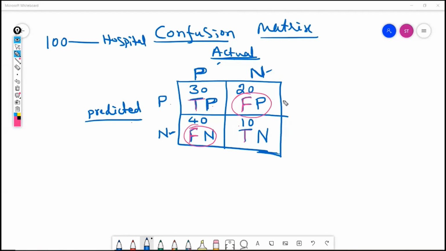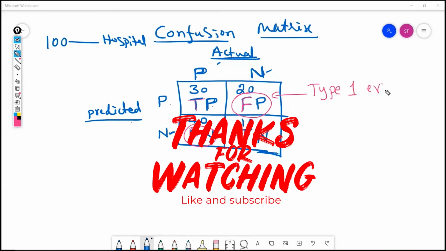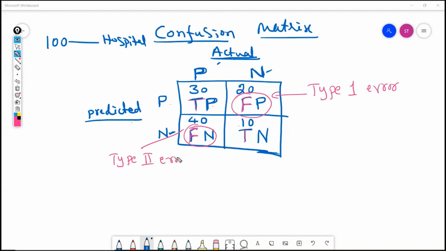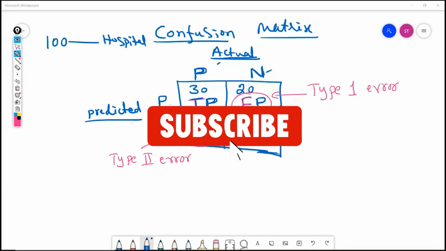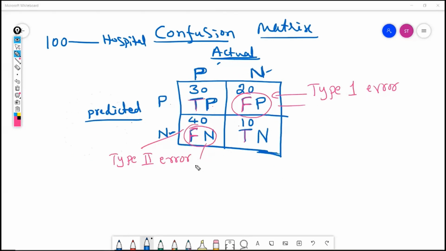So in that case, this is basically type 1 error. And this one is type 2 error. So this is a type 1 error and this is the type 2 error. So yes, this is how we can interpret type 1 and type 2 error.